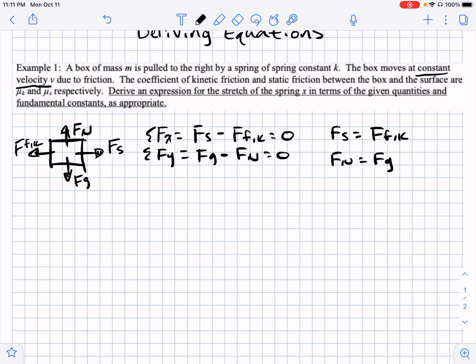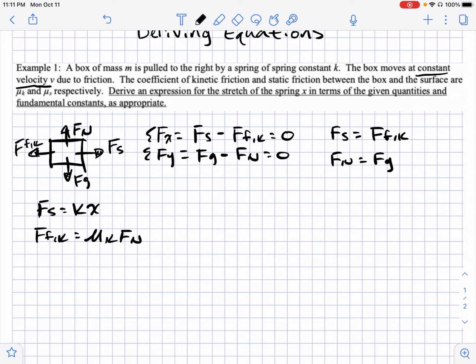Now we're going to start deriving. We know a couple of equations that we've learned so far, and one is for the force of a spring. From Hooke's law, the force of the spring is equal to kx. And we know our equation for kinetic friction, which is mu k times the normal force.